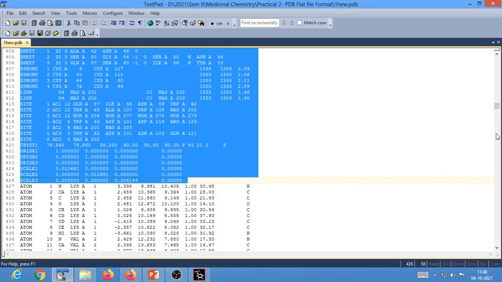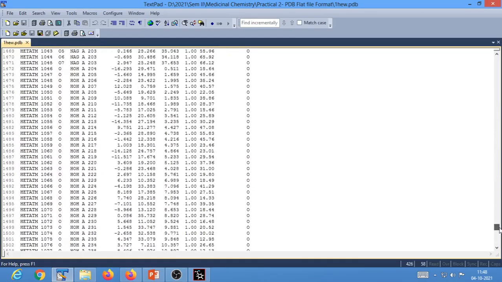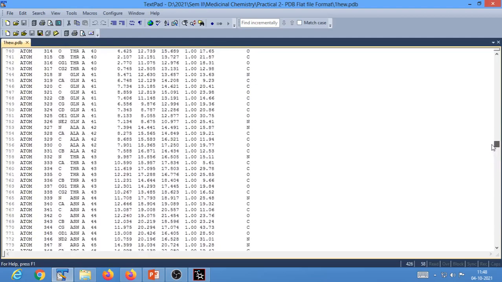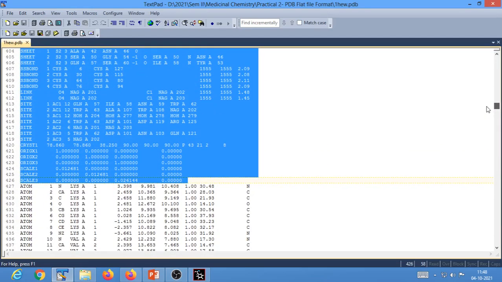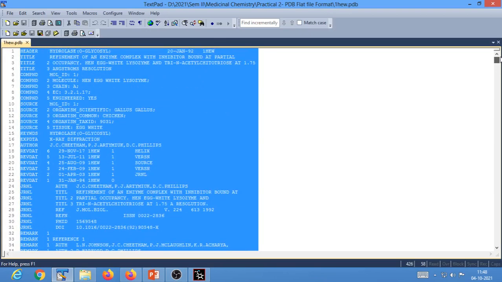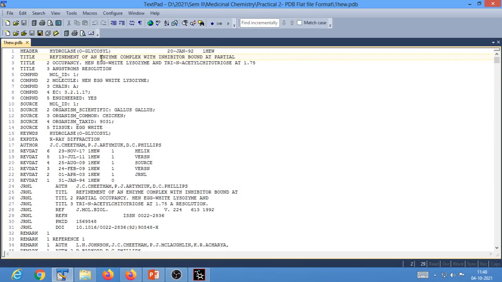So one quarter of your PDB file is devoted to the annotation section, while three quarters of your PDB file is devoted to your coordinate information. Now let us try to understand what these different keywords present in your PDB file are and what they signify.